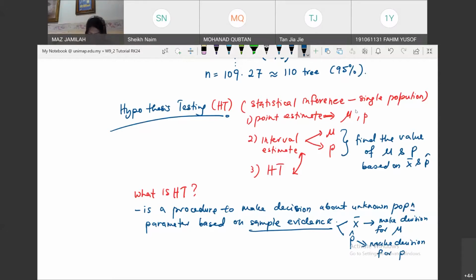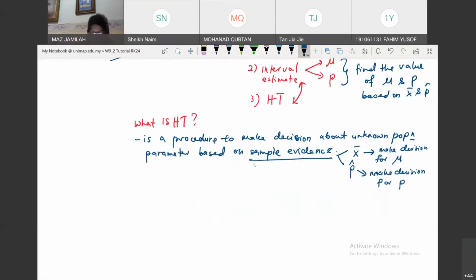Now, what is HT? Then we have the answer. Now, why HT? Why do we need to make a decision? First, HT is an essential procedure in statistics.